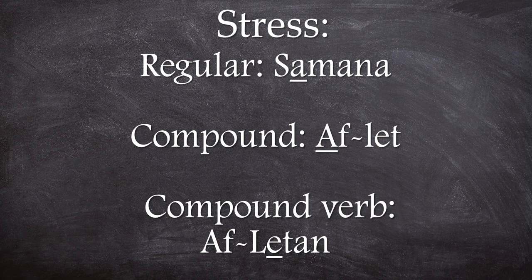If you don't know what stress accent looks like, just say the word beautiful in English. You'll notice that the word beautiful has the stress accent on the first syllable, and that's usually how it is in English. When you say a word in English, you usually put all the stress on the first syllable.